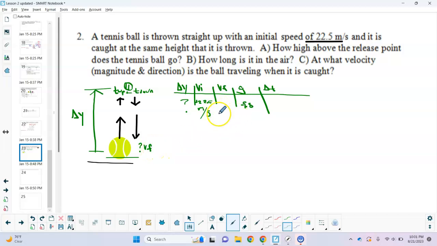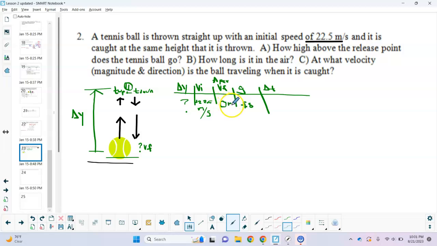So those are the ideas. Now, if it seems like it doesn't give you enough information, it usually means that one of the values is implied, or you should recognize it from the situation. So the thing that we should recognize is that at the apex, which is how high it goes in the air, we know the velocity. In the last lesson we said the velocity at the apex is 0, and that's what happens a lot of times.